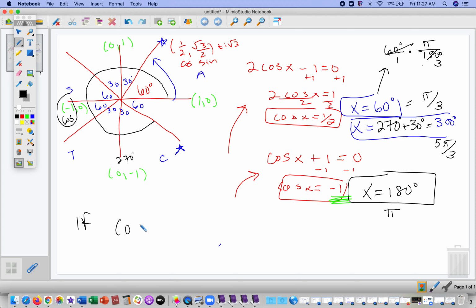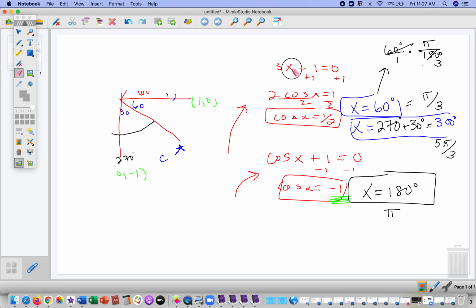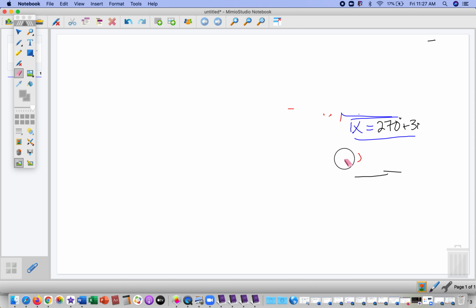If it said cos x equals a third, since a third isn't on your unit circle, that's when you'd have to go to your calculator and figure it out. And we're going to have to do that in a sec with the quadratic formula, so we'll practice in a minute. Okay, last problem.